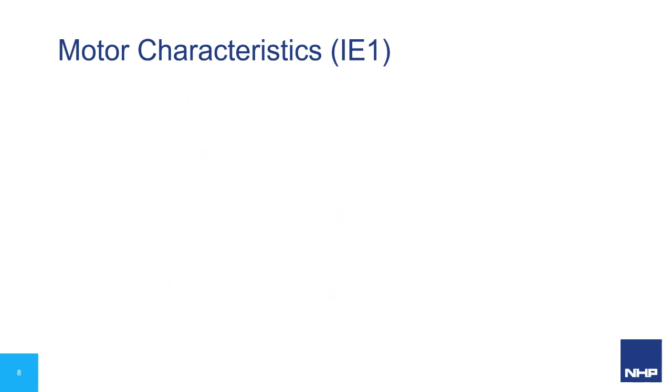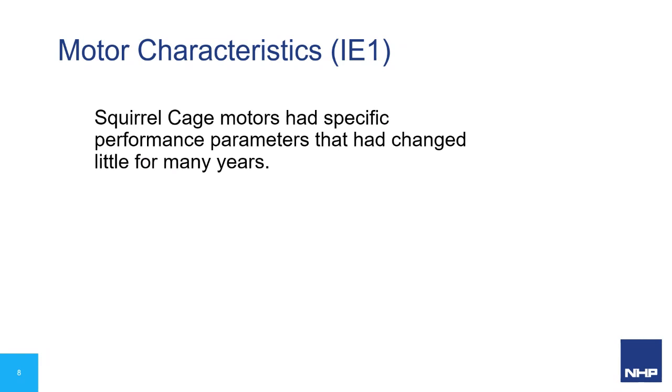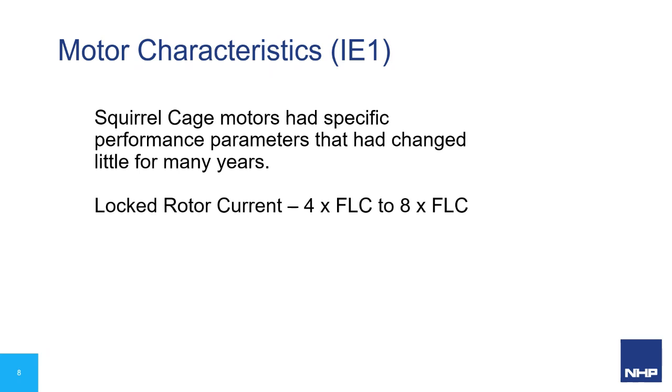Pre-MEPS motors had general performance parameters that had remained constant for many years. The IE1 or normal efficiency motors were designated for pre-MEPS motors. The IE2 motors were introduced into Australia in the 1990s. These displayed some different characteristics to the IE1 style.